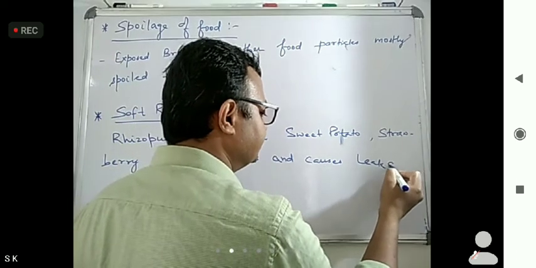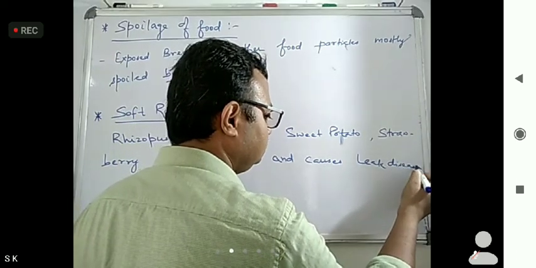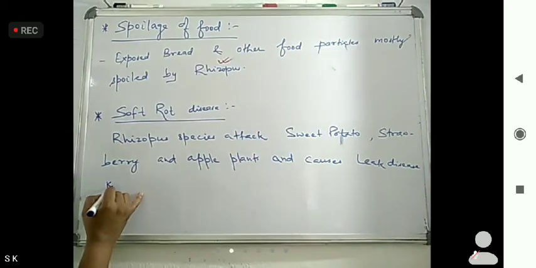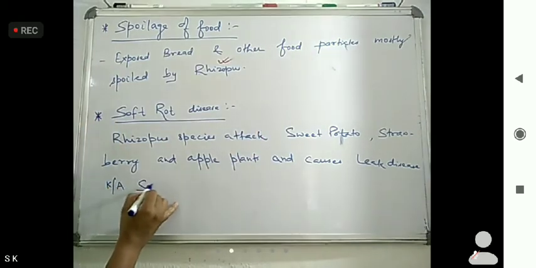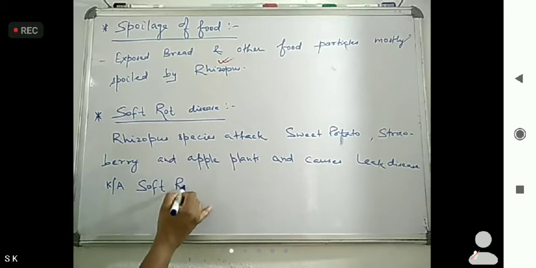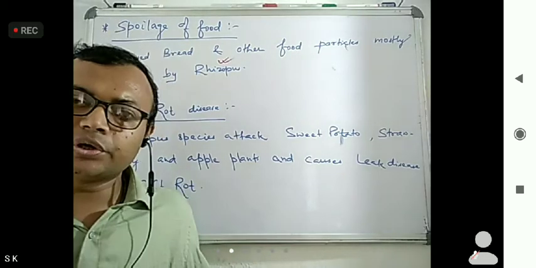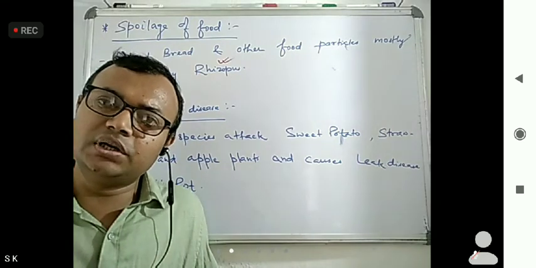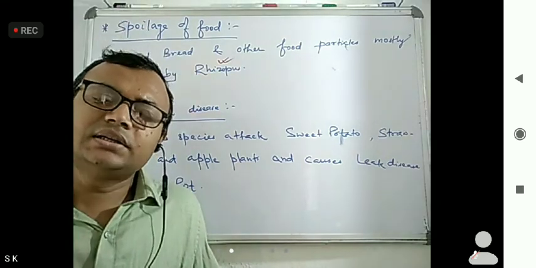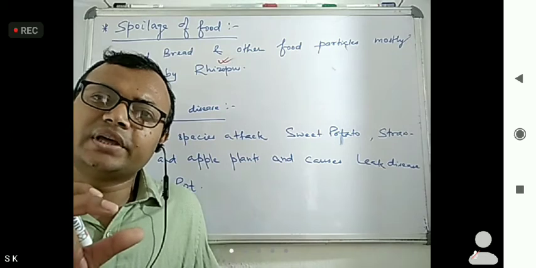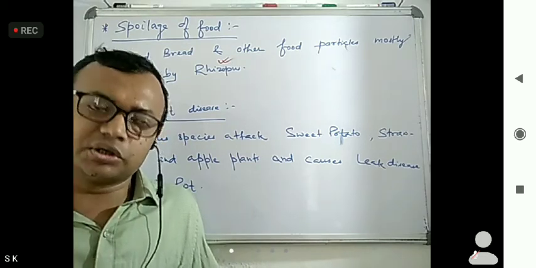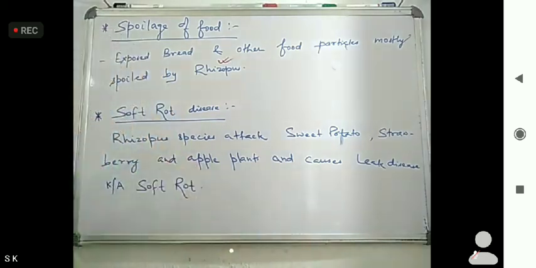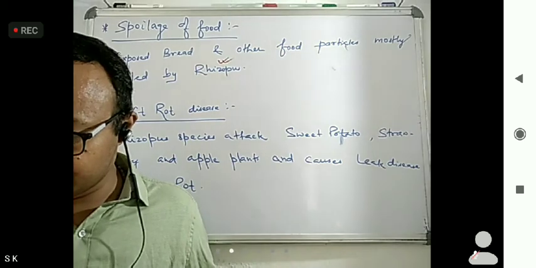Here what happens? The crops are looking very nice, but when you cut that, the pieces are looking black spots inside. Okay, so this is having soft rot disease.